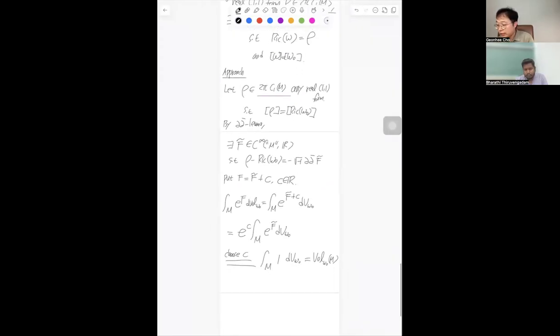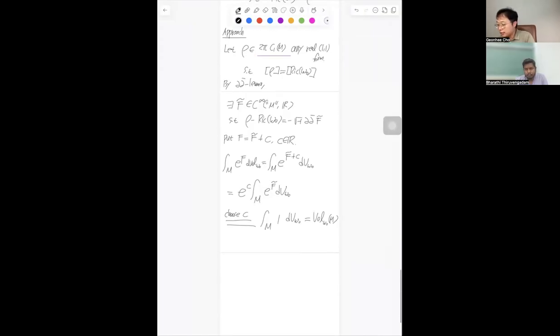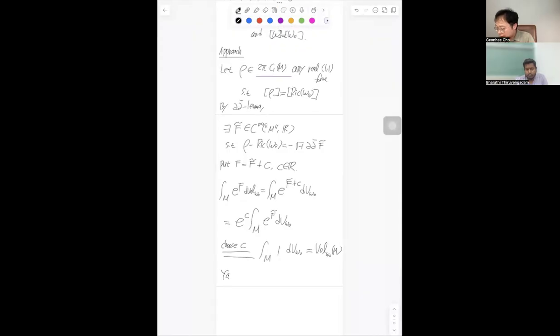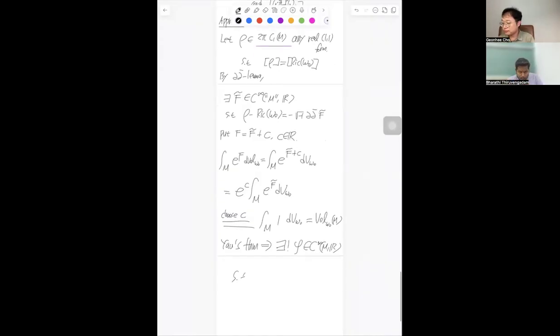So what Yau did is, if this condition is satisfied, then there's some function. So now Yau's theorem plays a role. Yau's theorem is applied under this condition: there exists a unique real-valued function such that it satisfies three conditions.